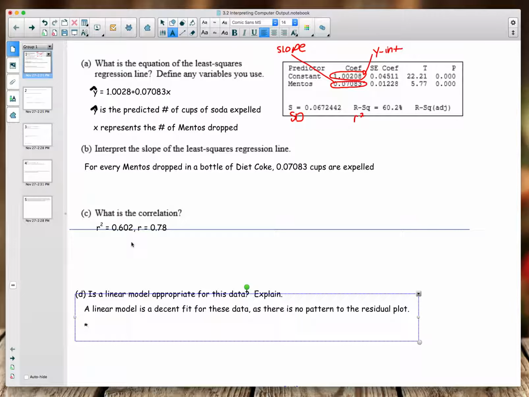So just make yourself a note here: the dots appear to be in vertical lines because of the amount of Mentos dropped for repeated experiments.